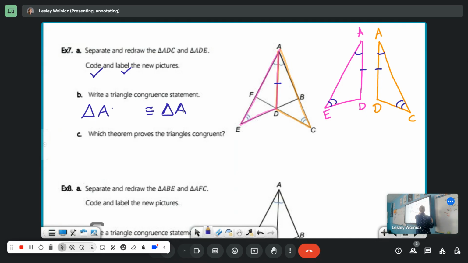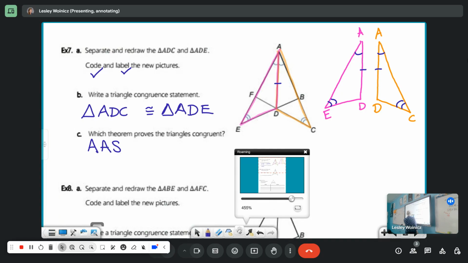D. Okay, and which one corresponds to C? C. All right, which of our shortcuts proves that these are congruent? Easy enough, right?